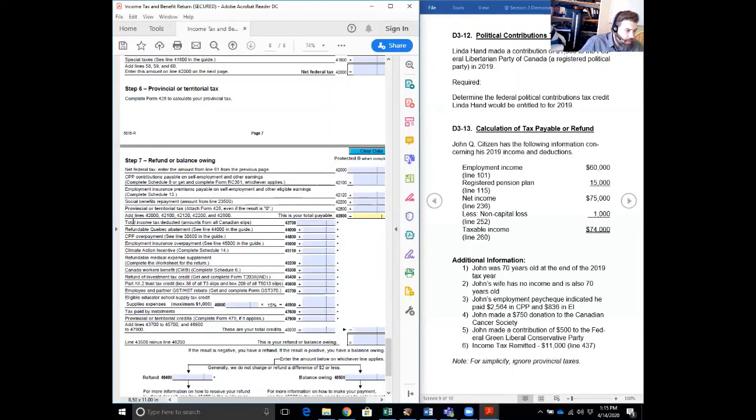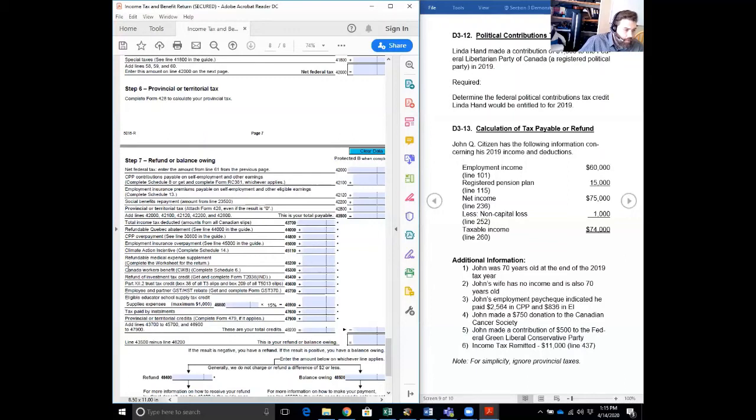Then we can subtract these amounts: total income tax deducted, employment insurance overpayment, climate action incentive, sorry, I skipped this, CPP overpayment. So these overpayments here can quite easily happen if you have more than one job and you pay more CPP than the maximum allowed, because the employers aren't talking to each other, making sure that they stop deducting CPP off your paycheck once you reach a certain amount.